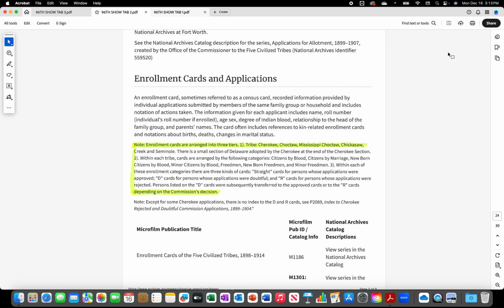Within each tribe, cards are arranged by the following categories: citizens by blood, citizens by marriage, newborn citizens by blood, minor citizens by blood, freedmen, newborn freedmen, and minor freedmen. Within each of these enrollment categories, there are three kinds of cards: straight cards for persons whose applications were approved, D cards for persons whose applications were doubtful, and R cards for persons whose applications were rejected. Persons listed on the D cards were subsequently transferred to the approved cards or the R cards, depending on the commission's decision.